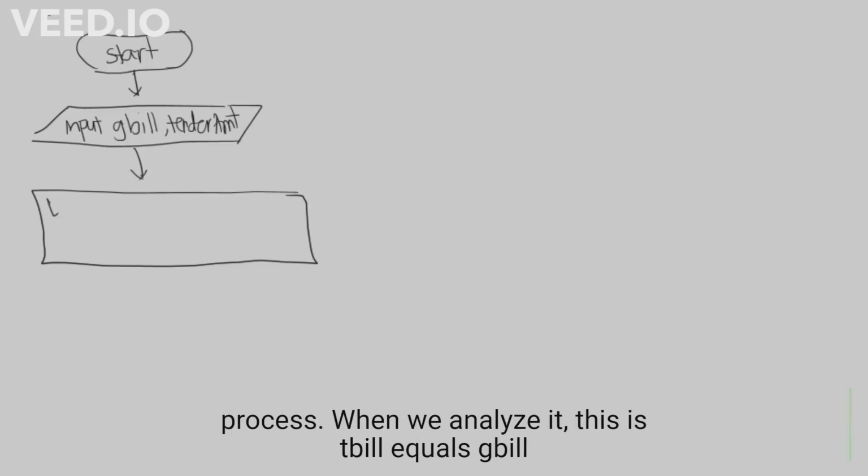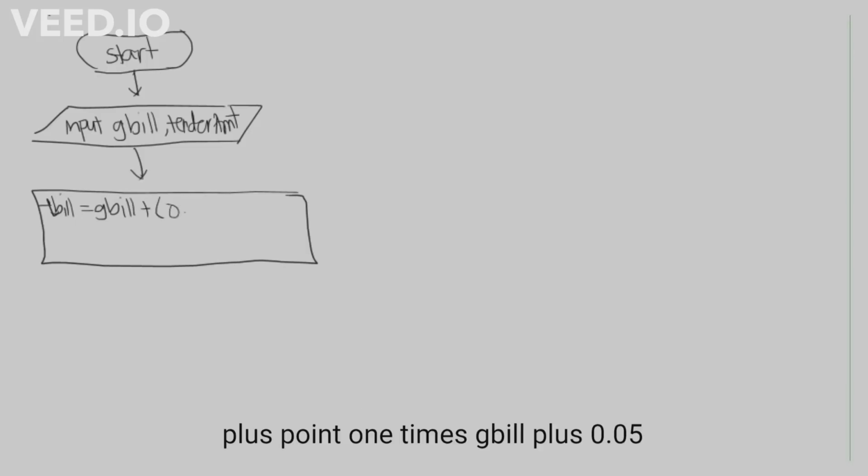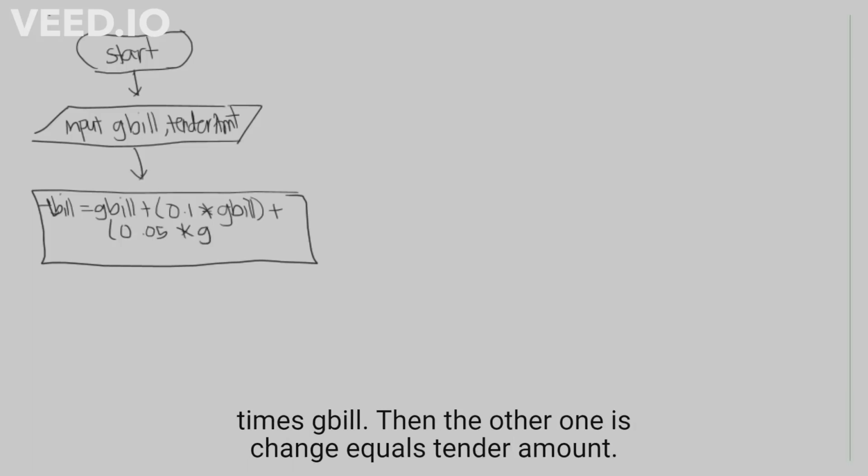So this is T bill equals G bill plus 0.1 times G bill plus 0.05 times G bill.